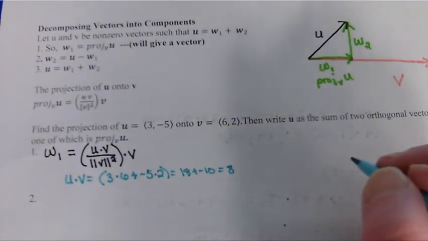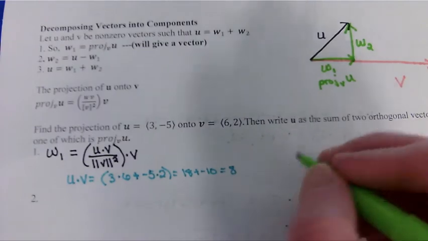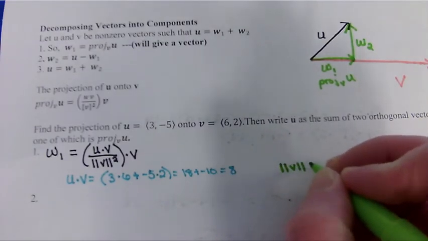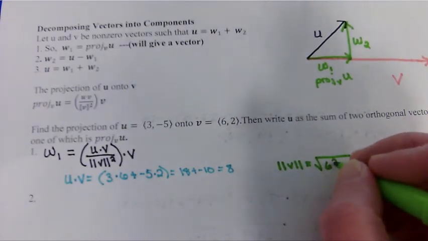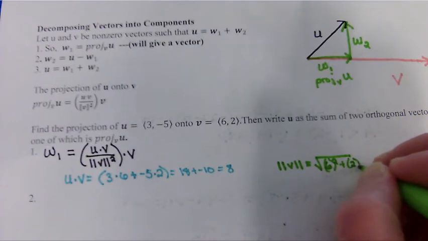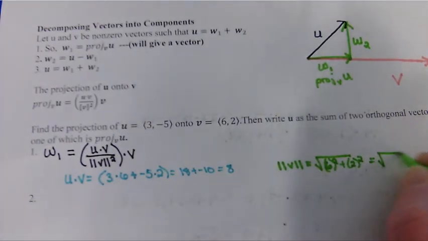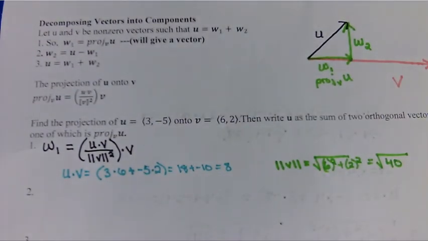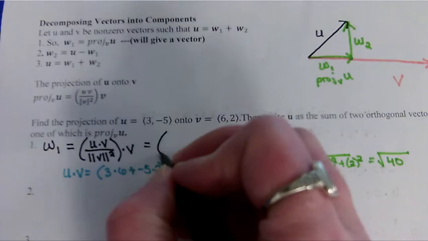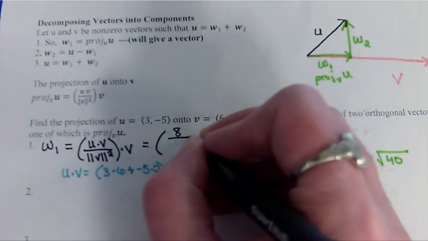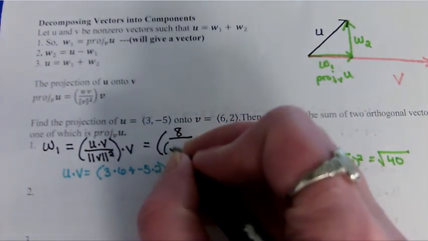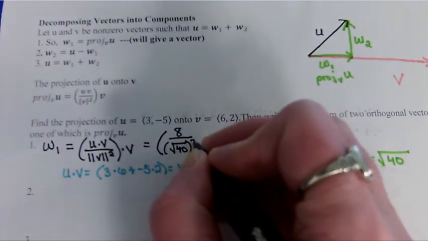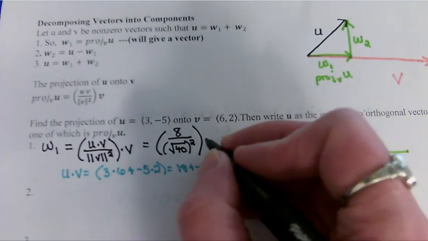I also need to know the magnitude of v. And that's going to be the square root of 6 squared plus 2 squared, which is 36 plus 4, that's 40. So u dot v was 8. The magnitude of v was the square root of 40. And I'm squaring that. Oh, that makes it nice. Times v.